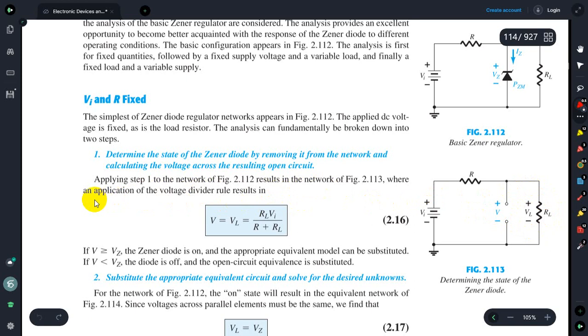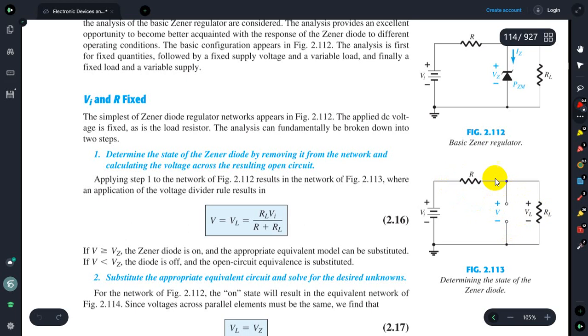An application of the voltage divider rule gives the voltage V that appears across the open circuit, which is equal to the load voltage VL. And what is VL?